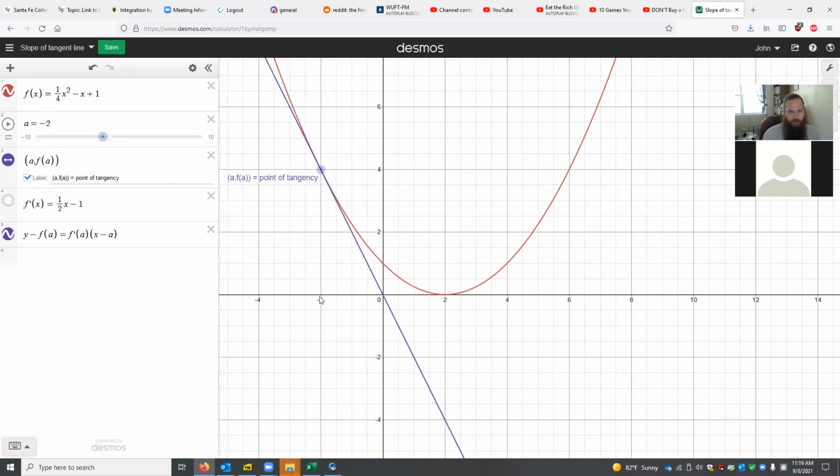So for example, over here, when x is equal to -2, this red curve is clearly decreasing. And for every step we take over, we're going down a certain amount. Now, the amount you go down for every step over changes from point to point. But at that point, the closest thing we can say is that right here, we're decreasing at a certain rate, at a certain speed, about 4 units per step.